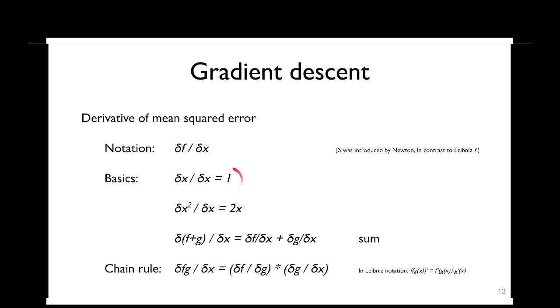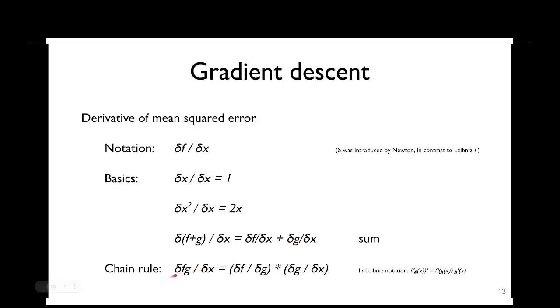Very simply, if we have a linear function, delta x over delta x, then the derivative is 1. If we have a squared function, delta x squared over delta x, then that is 2x. If we have a sum, delta f plus g over delta x, then that is delta f over delta x plus delta g over delta x. And we have the chain rule.